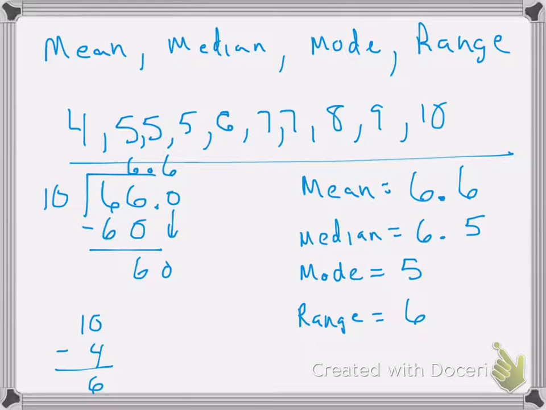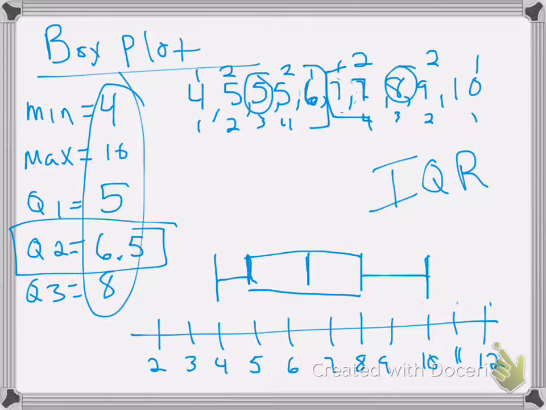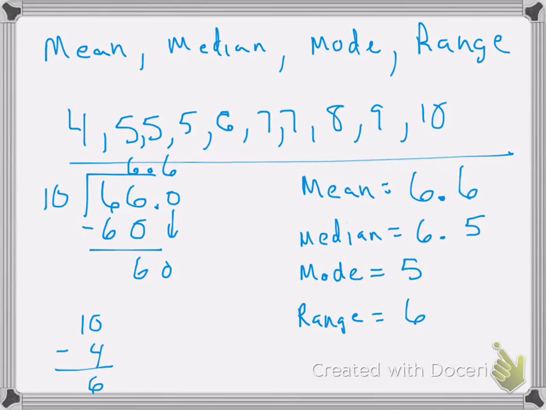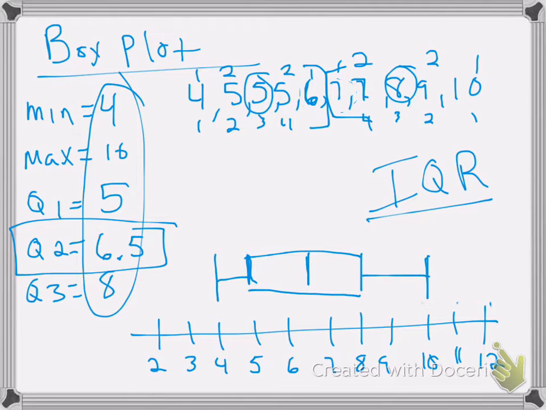Now, IQR, I'm going to go back here. IQR, again, you take Q3 and subtract Q1. So quartile 3 and subtract quartile 1. Well, quartile 3 was 8.